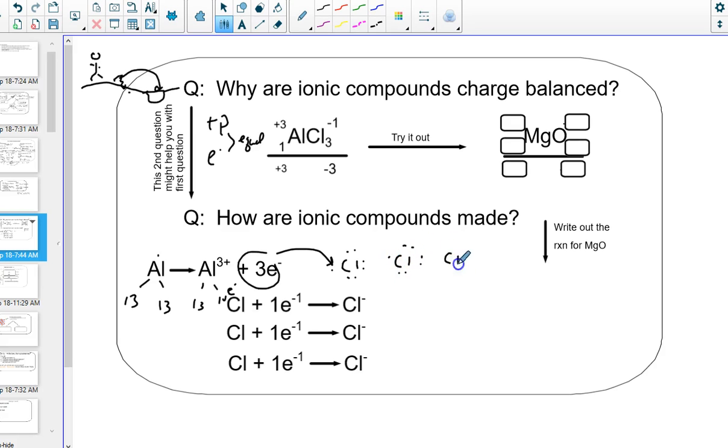Each of them grabbing 1 electron. And we have this. Therefore, I get 1 positive 3 and 3 negatives, and I get AlCl3. Al with a positive 3 charge. I get these chlorides, and they simply attract to each other because they're opposite charge.